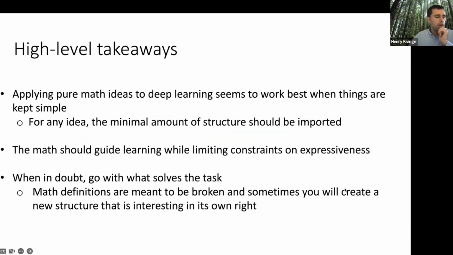Okay, so I have 5 minutes left, so I'll reiterate my takeaways and then end. So pure math, I think, has a lot to offer deep learning, not only in analyzing what exists, but developing what comes next. I picked a few avenues here. There's a lot more. The lessons we've learned is that you should always import the least possible.